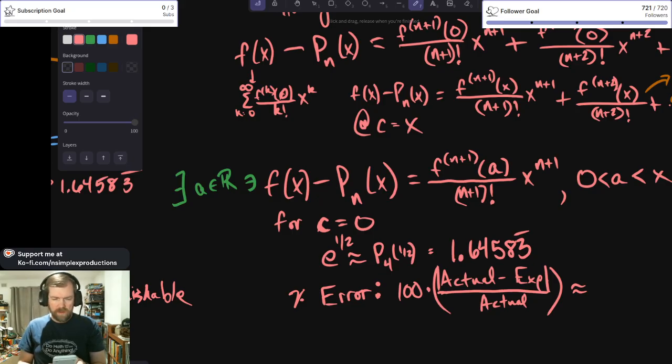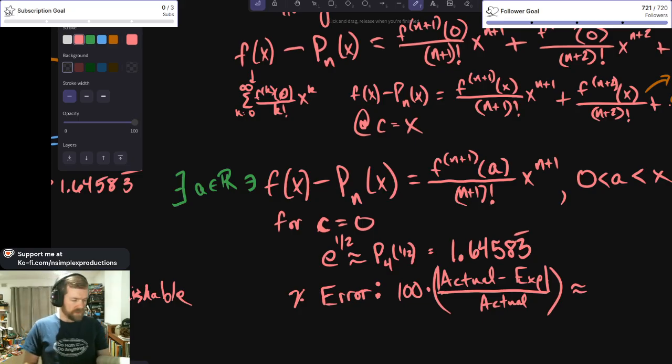That one, store to E, experimental. And that one, store to A, actual. Okay, so now we want the absolute value of A minus E over A times 100.